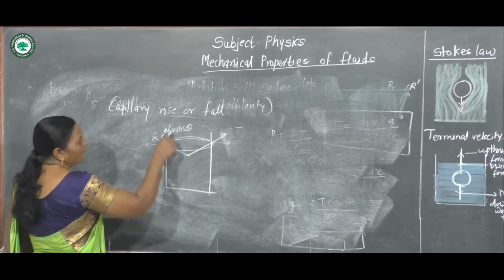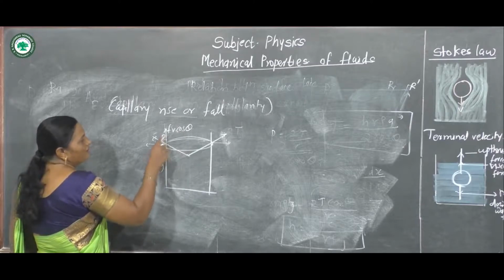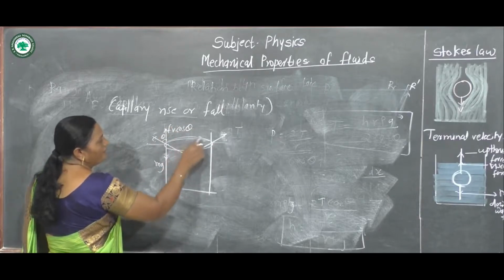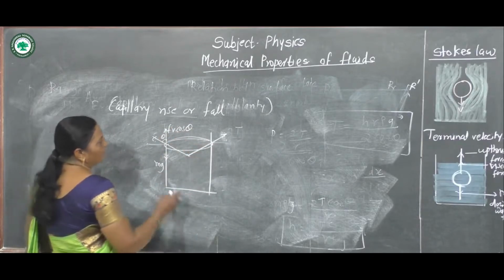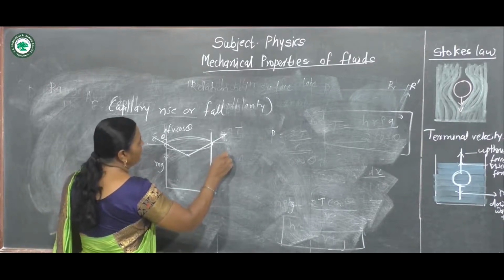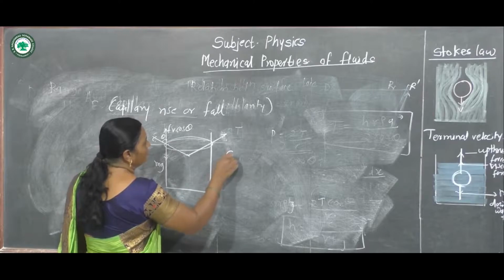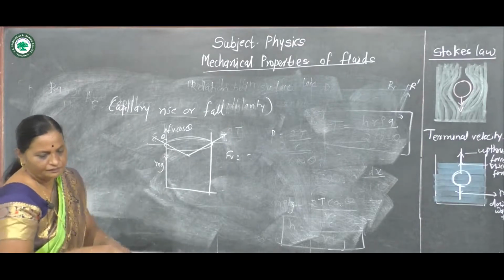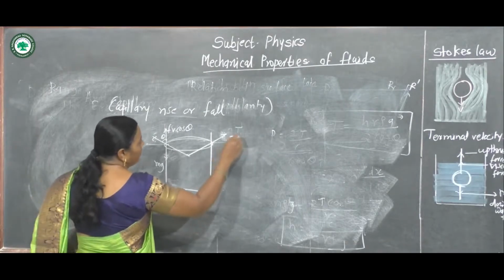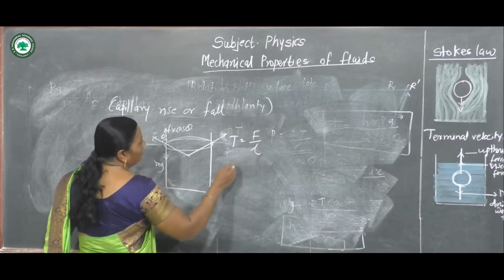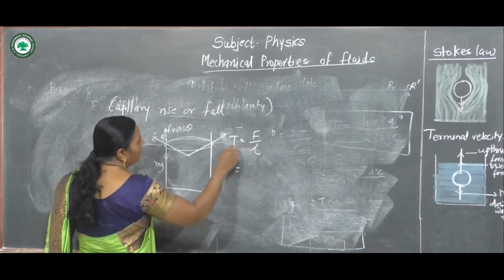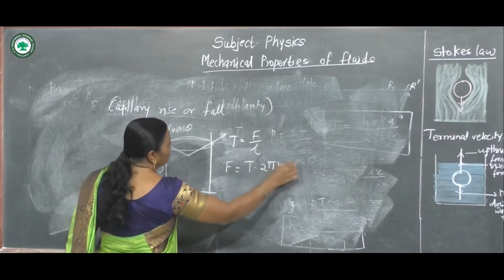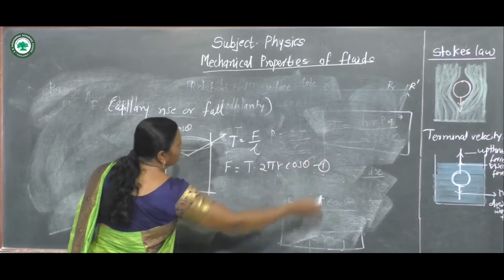The vertical components add up and are multiplied by the length of the circumference. Surface tension T is equal to F upon L, so F is equal to T into 2 pi r cos theta. This is the first equation.